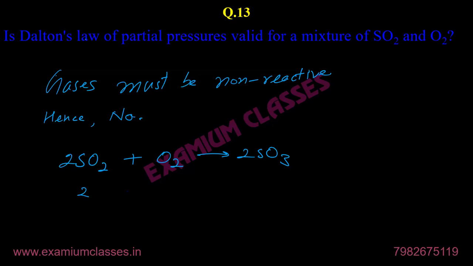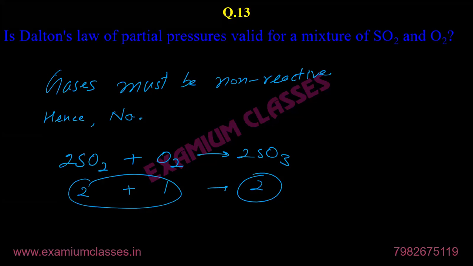So instead of 2 plus 1 moles, they will combine to give you 2 moles only. So the number of moles will be different. You don't need to write that the number of moles will be different. That's for explanation purposes, because the reaction may result in a different number of moles. You will just write that the gases must be non-reactive.